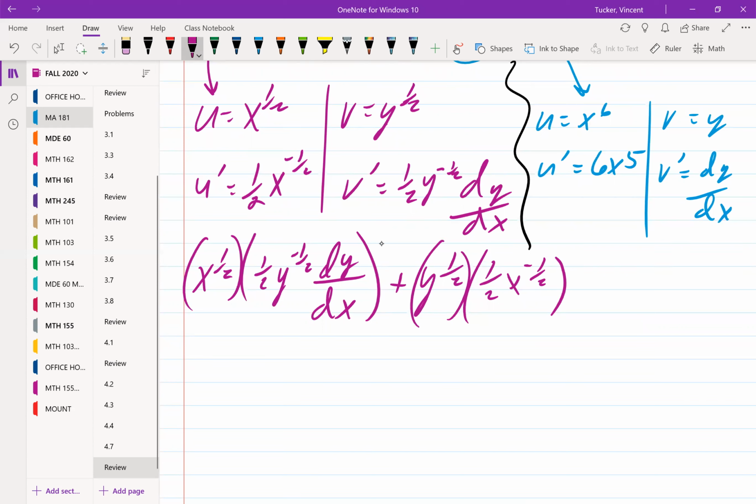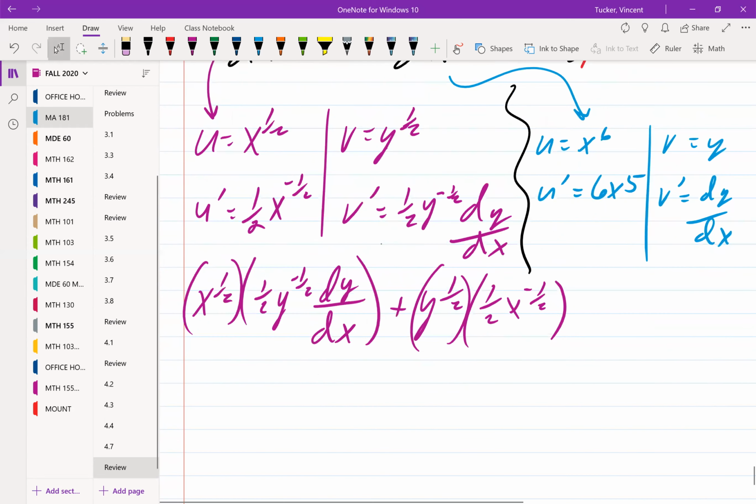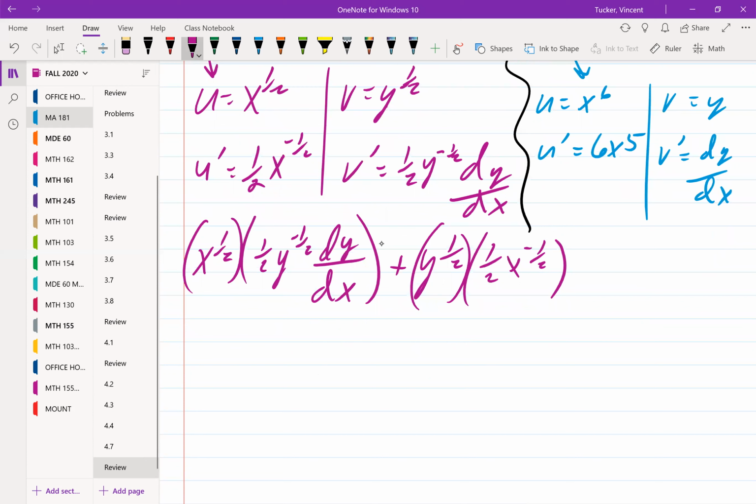So this is going to be x to the 1/2 times the negative exponent here for your y. So bring that down, and then 2.